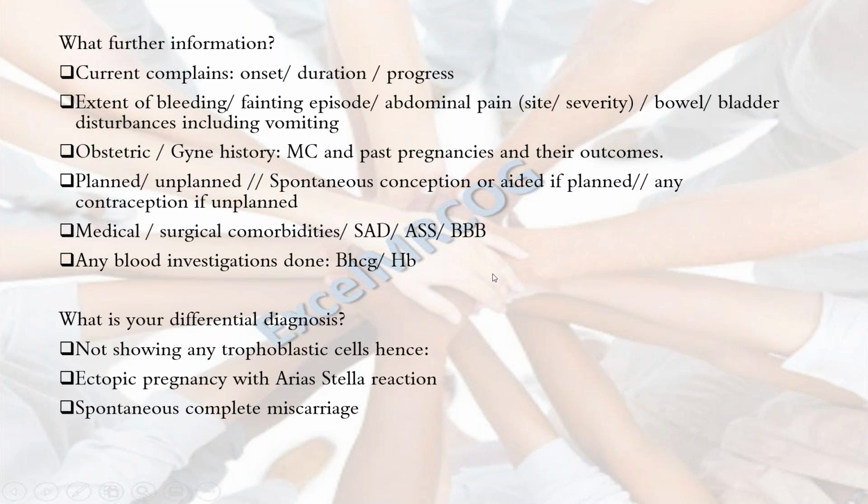Make it very clear that when there is no trophoblastic tissue, it cannot be a molar pregnancy, nor an intrauterine pregnancy at all. So it can be Arias-Stella reaction with ectopic pregnancy and/or spontaneous miscarriage.